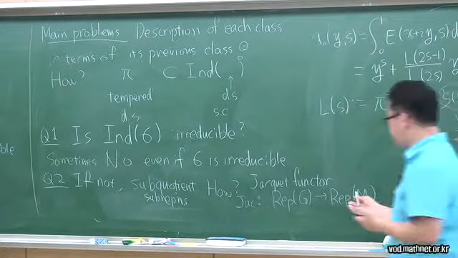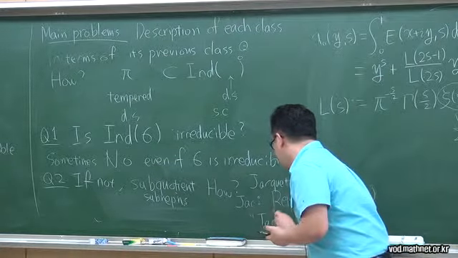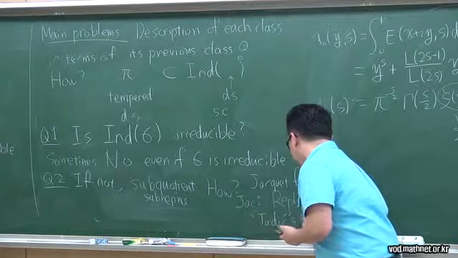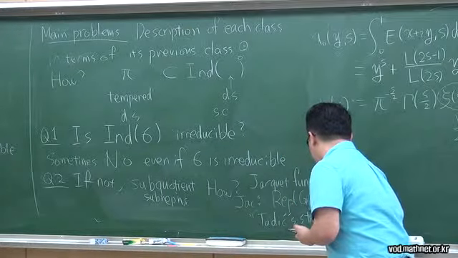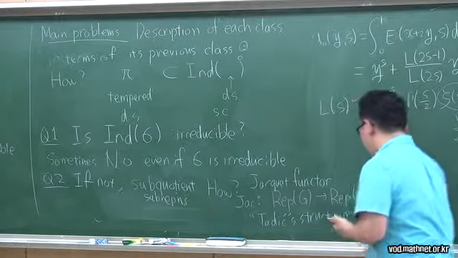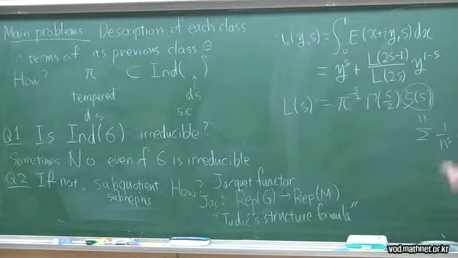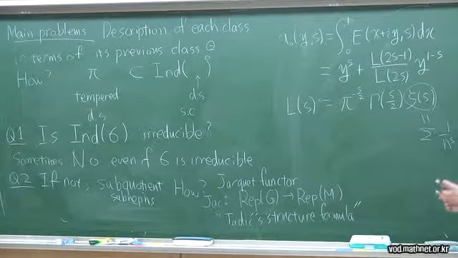And the tool for studying the Jacquet functor is the so-called Tadić structure formula that I mentioned in the beginning, which is the main tool in the classification of discrete series representations.